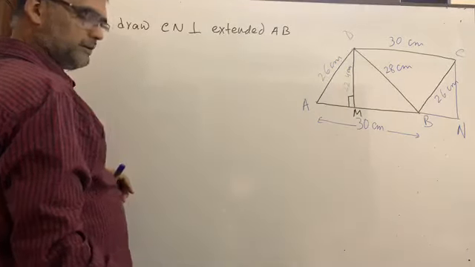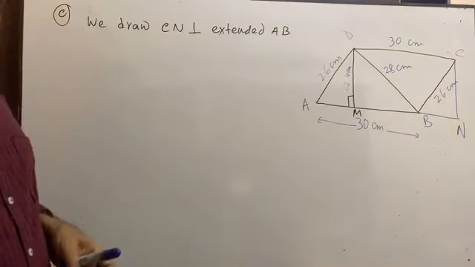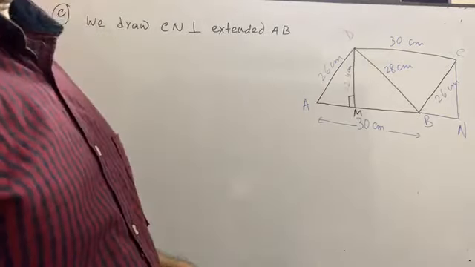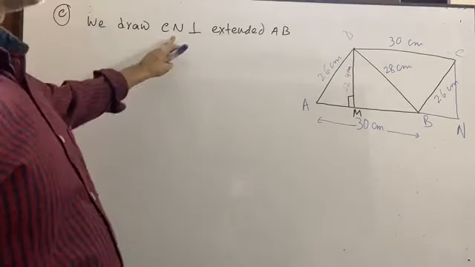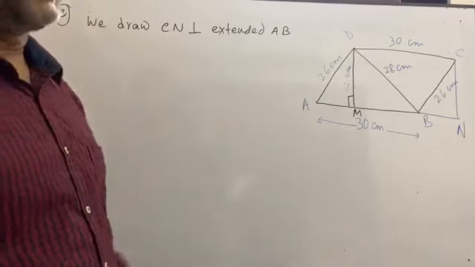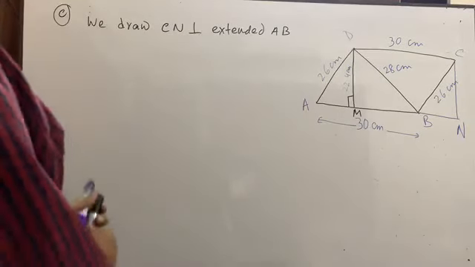Have you got it? We have drawn perpendicular. CN is perpendicular to extended AB. Is it okay?